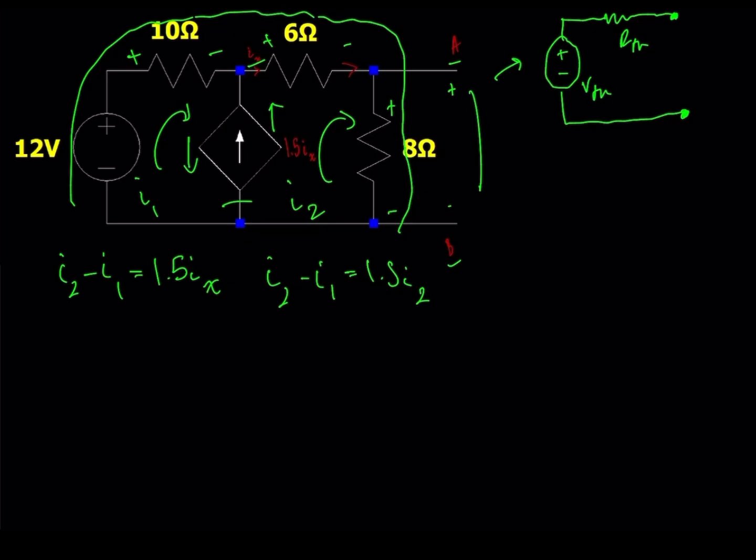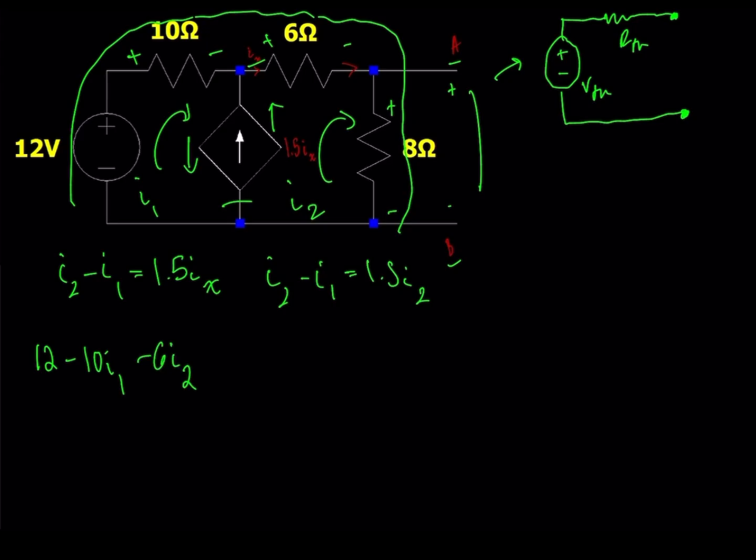Starting with the 12 volt source, 12 volts, and then the voltage across the 10 ohm resistor will be, according to Ohm's law, the current going through it, which is I1, times the resistance, which is 10 ohms. Then the voltage across the 6 ohm resistor is just the current going through that one, which is IX, or I2. They are equal. So minus 6 I2.